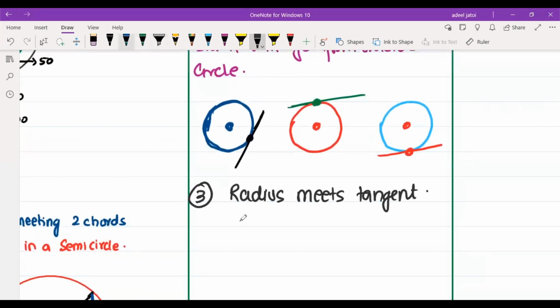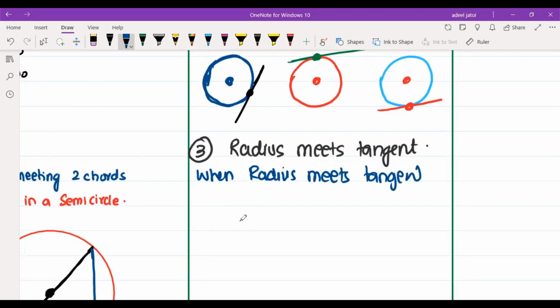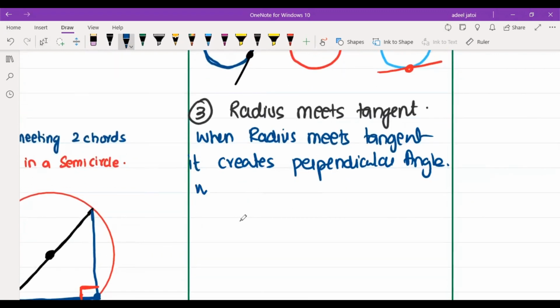Now, you need to understand when radius meets tangent, it creates a perpendicular angle, which means it creates 90 degrees.